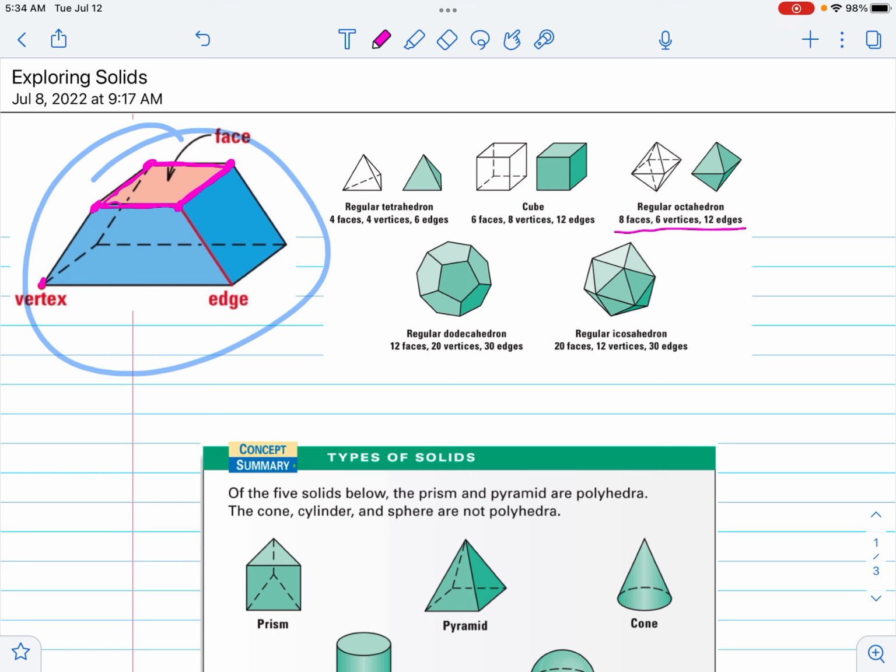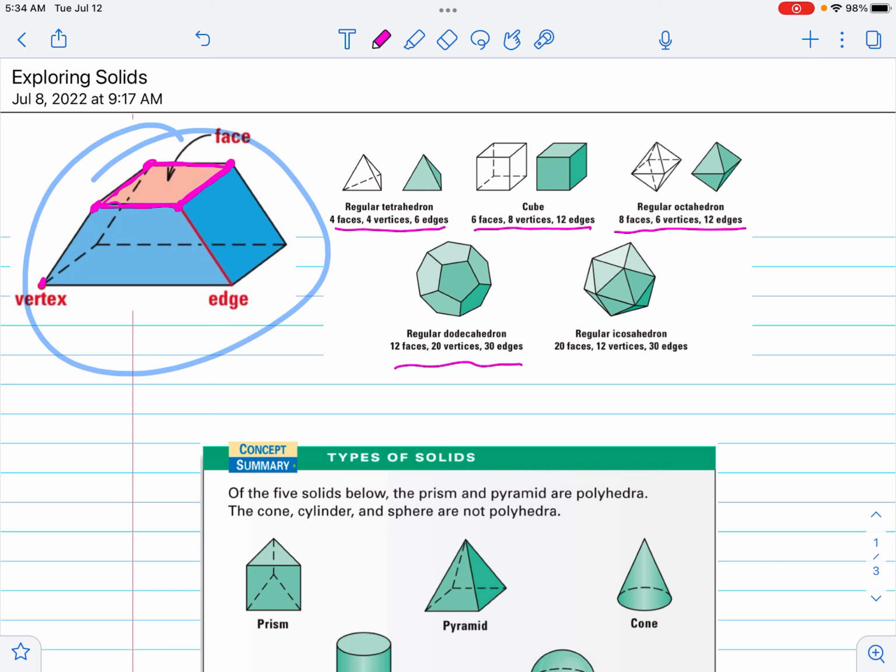We also have tetrahedron. When we talk about polygons, we talk about sides. Here we talk about faces. We've got a cube, which has 6 faces. Dodecahedron, 12 faces, and so forth. But we name these according to the number of faces.